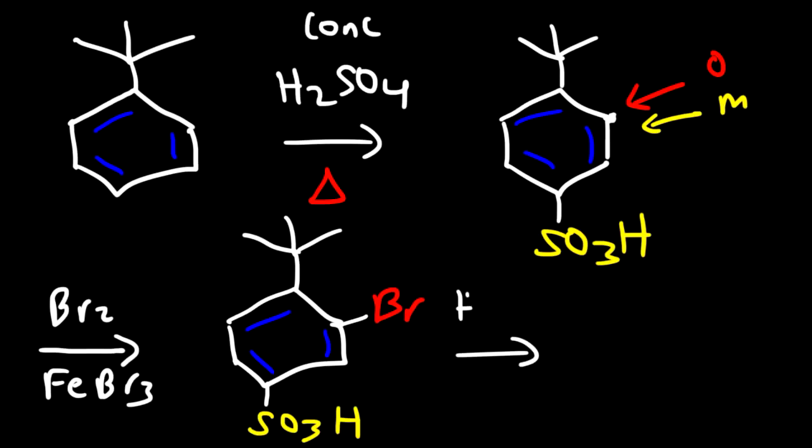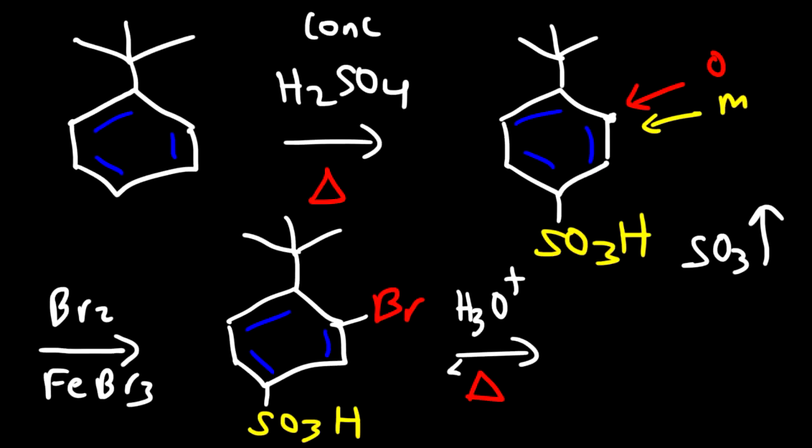And so you need to add water with acid or simply H3O+. And you also need to heat the solution. When you heat it, this will leave as sulfur trioxide. And sulfur trioxide has a boiling point of around 45 degrees Celsius. So once you heat it, it will escape as a gas, thus driving the reaction forward.